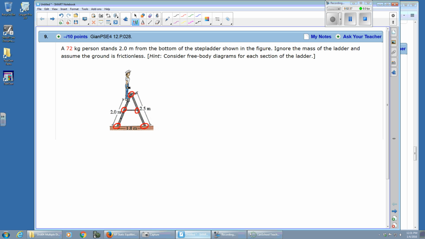So that's letting us simplify things. Let's first do this side of the ladder, and yes, I'm exaggerating it, and then we'll do the other side in a different color. All right. So the bottom, let's call that force normal 1.